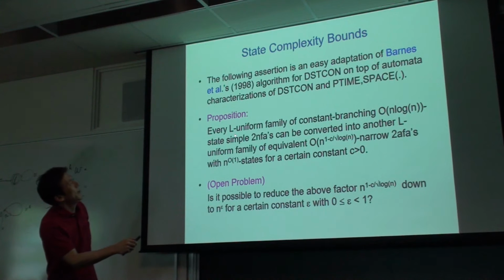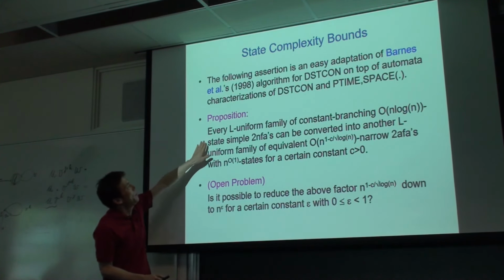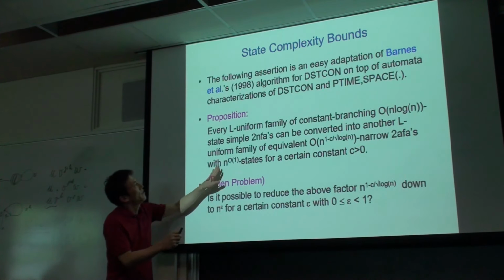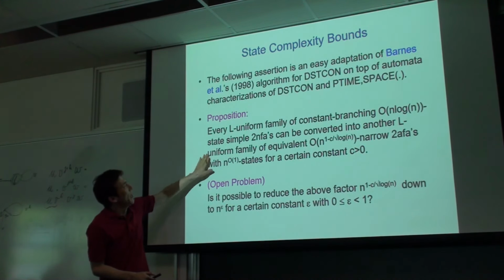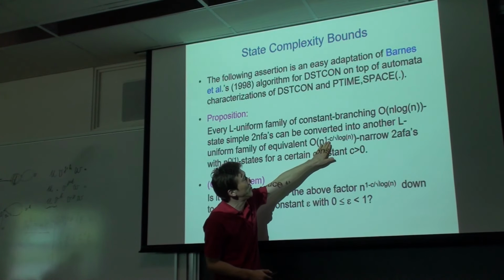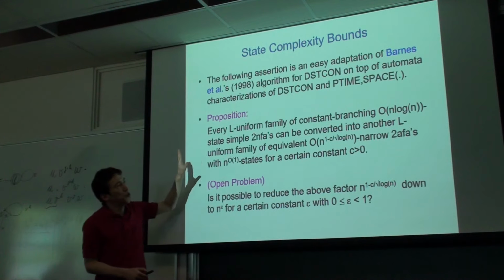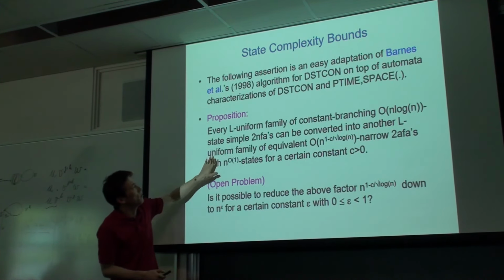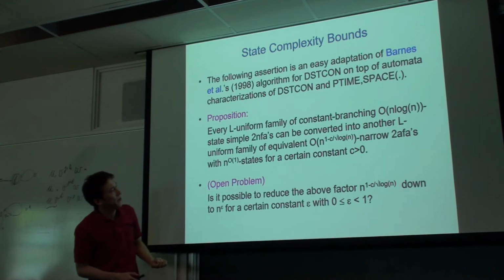So first, I just state one thing. Every L-uniform family of constant branching simple 2NFAs can be converted into an L-uniform family of equivalent n to the 1 minus c over square root log n narrow 2AFAs with polynomial blow-up of states.